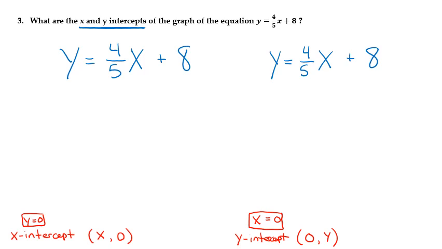So let's apply that up here. If we want to find the x-intercepts, you've got to put in a 0 for the y. If you want to find the y-intercept, you've got to put in a 0 for the x. All right, so let's do that, just like we did in the last problem.